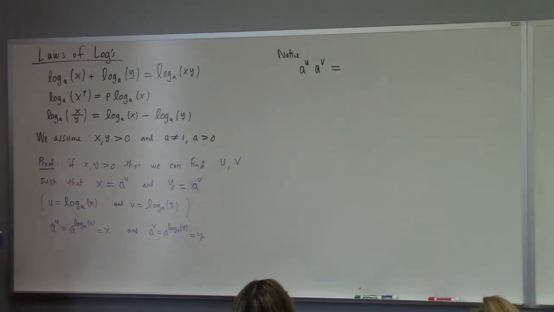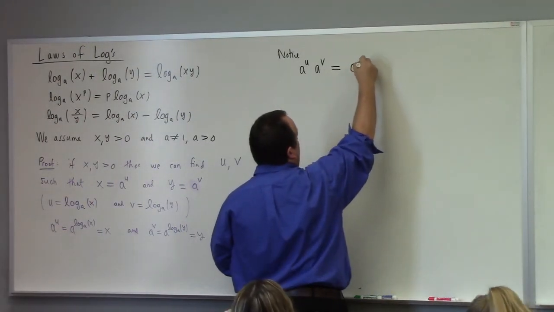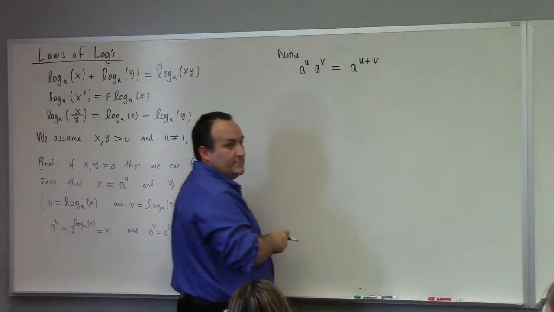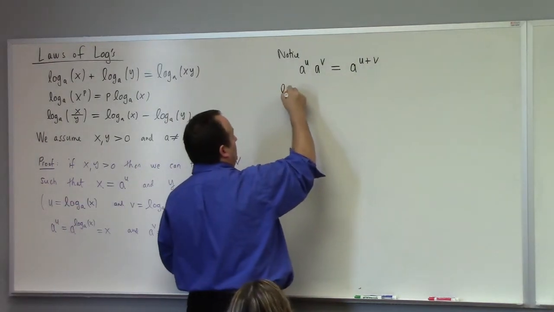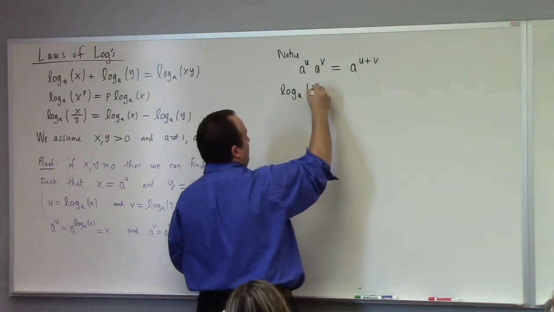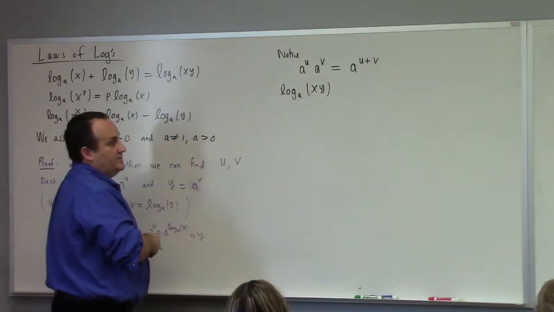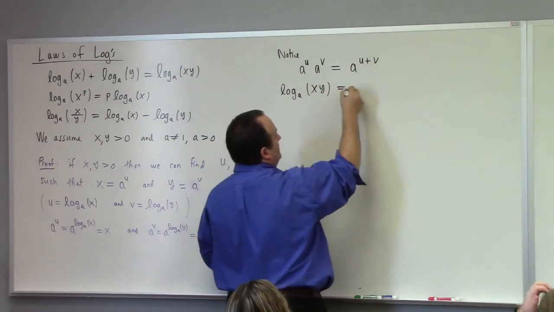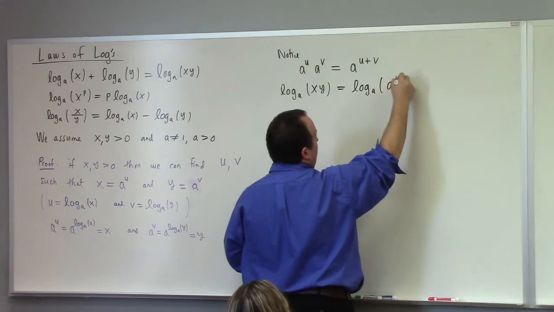What's the law of exponents? It says that's a to the u plus v, right? But what does this mean? This means that the log base a of x times y, where this is x and that's y, is equal to the log base a of a to the u plus v.